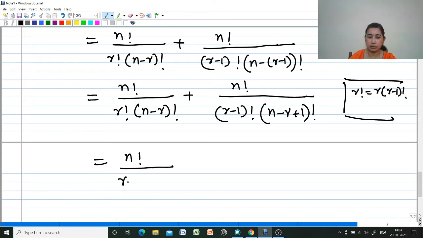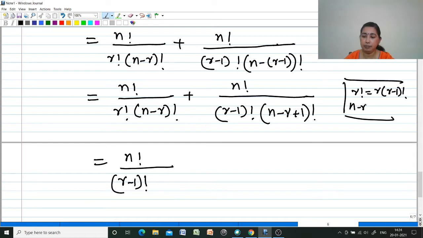So, from that too you can see that (r minus 1) factorial is common, that can be taken out. Same way, in (n minus r) factorial and (n minus r plus 1) factorial, the common term is (n minus r) factorial. What is the reason? (n minus r plus 1) factorial can be written as, how can we write that?